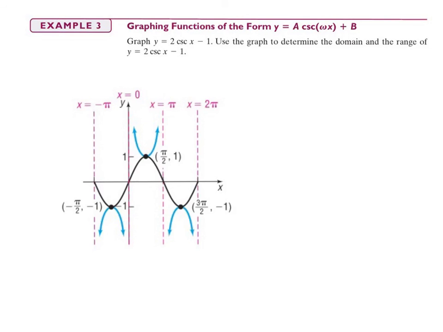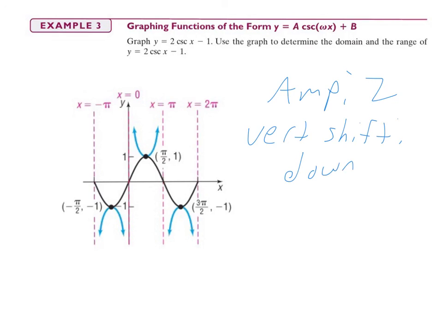Now if we graph y equals 2 cosecant of x minus 1, let's start with just the graph of cosecant, which would be your blue graph. Your amplitude would be 2, and this -1 means your vertical shift would be down 1 unit.